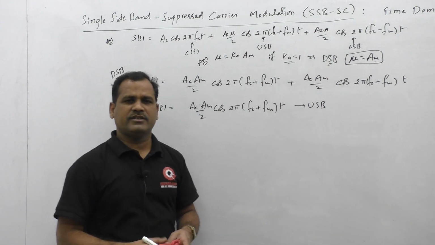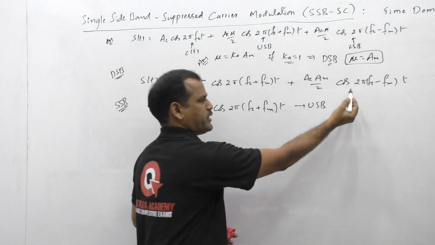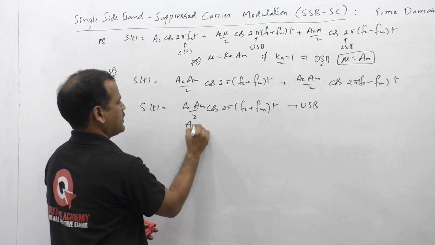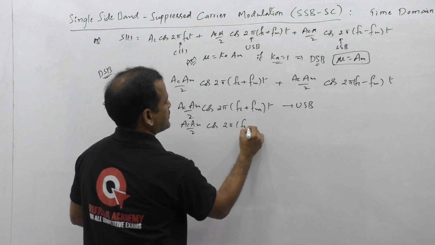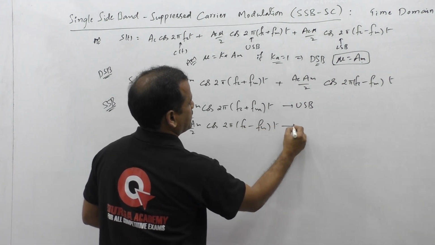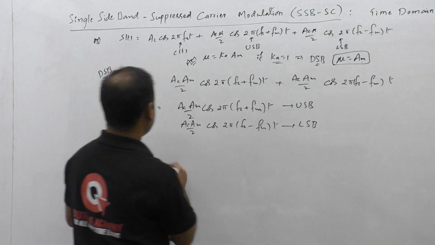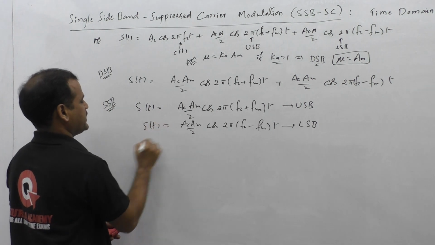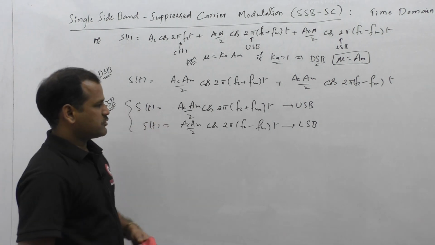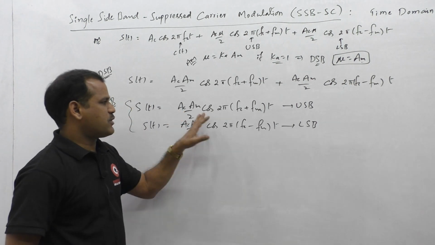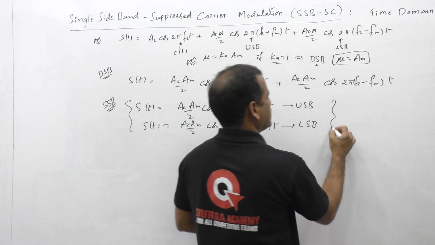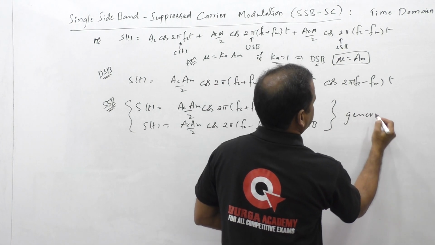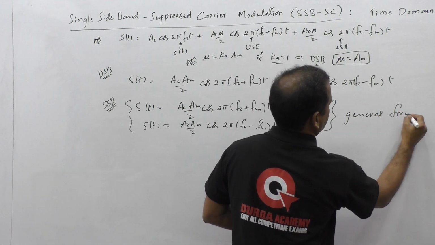Similarly, if you want lower sideband SSB modulation, we have to take only one term, Ac Am by 2 cos 2 pi (fc minus fm) t, that is of SSB LSB type. So simply Ac Am by 2 cos 2 pi (fc plus or minus fm) t is the general form of the SSB signal in time domain.